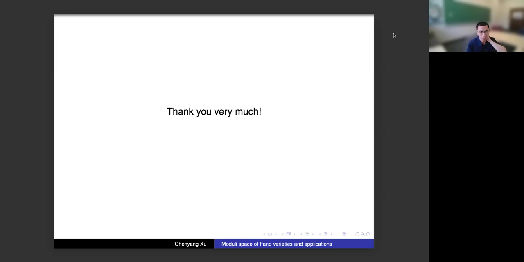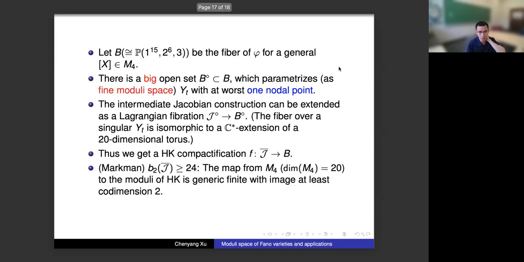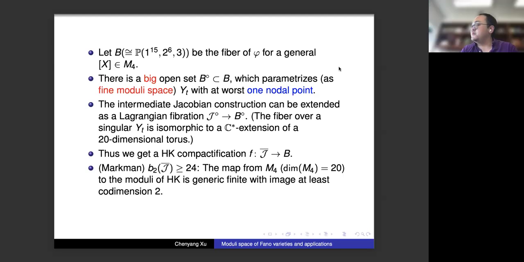Actually, maybe a very small question. So this irreducible symplectic variety that you get, is it simply connected? You mean the open locus simply connected?